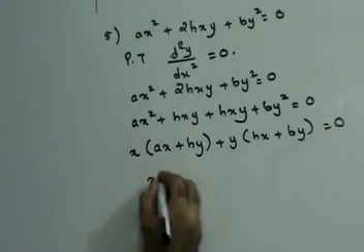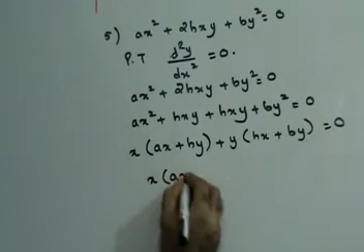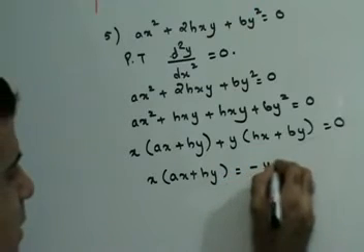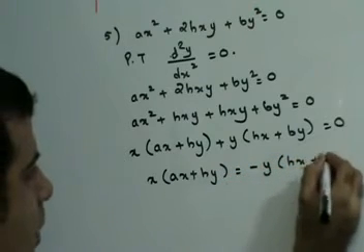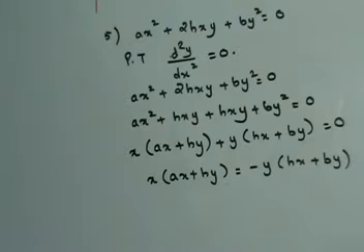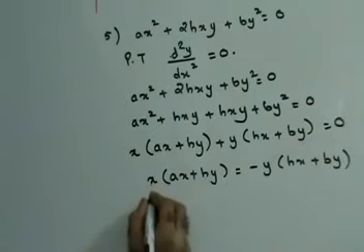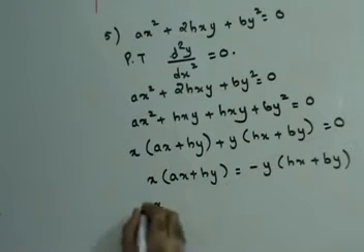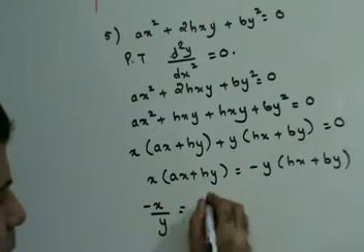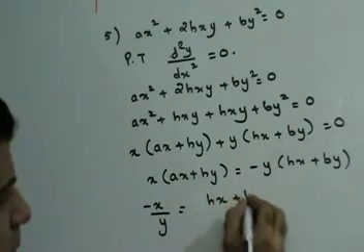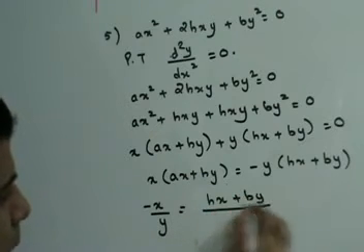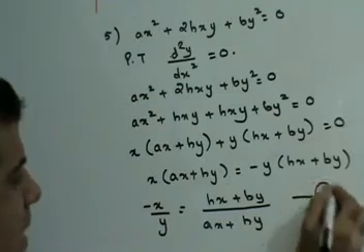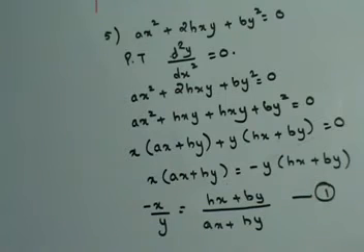Take that on the other side, so I will get x(ax plus hy) is equal to minus y(hx plus by). I could cross multiply, in which case I will get x upon y. I am taking the minus sign also on this side, so minus x upon y is (hx plus by) upon (ax plus hy). Call this as equation 1 and leave the sum here as it is.